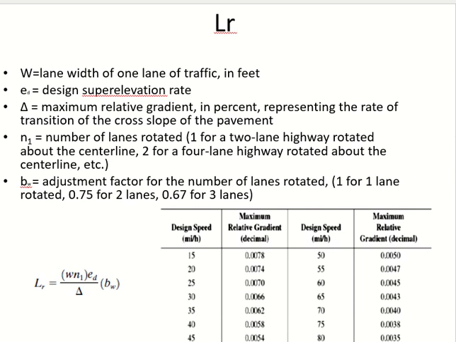We need first of all W, which is the lane width. N1 is the number of lanes rotated, meaning the number of lanes you are rising, or the number of lanes for which you are changing the slope. N1 is considered on one side of the center line.